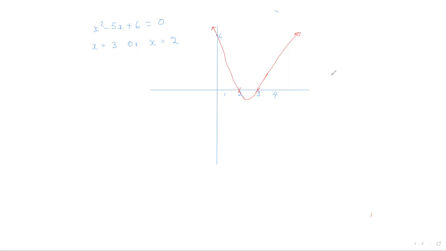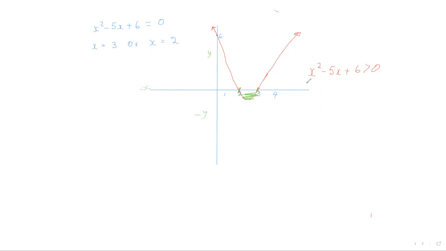Now, compare this with x squared minus 5x plus 6 is greater than 0, which means it's positive. Now, I hope you agree that anything between 2 and 3, the graph is negative there, y is negative there.